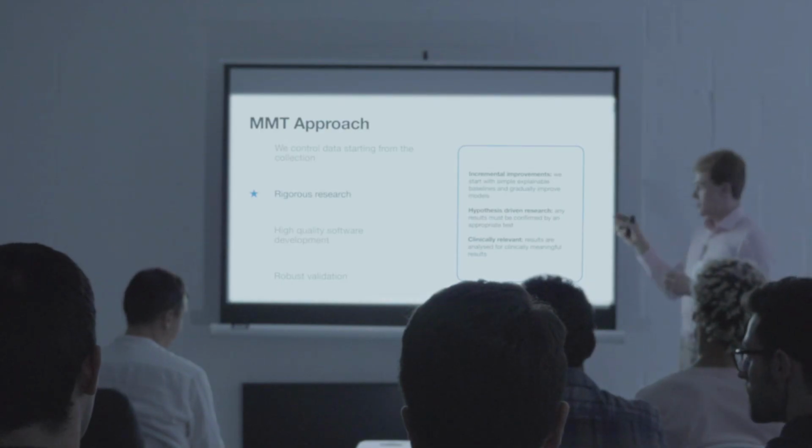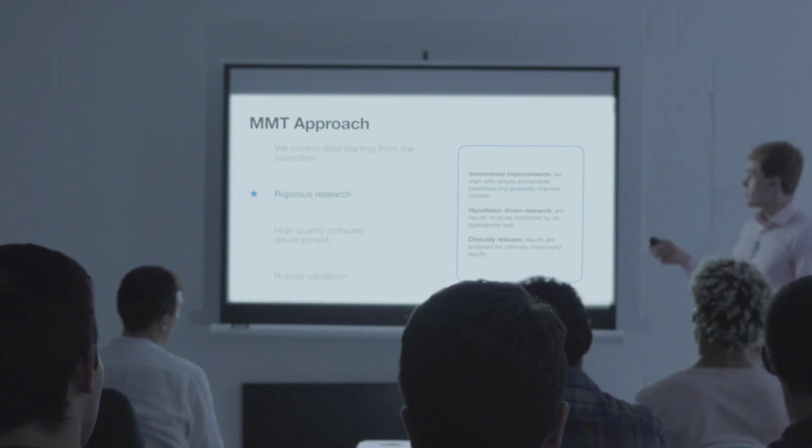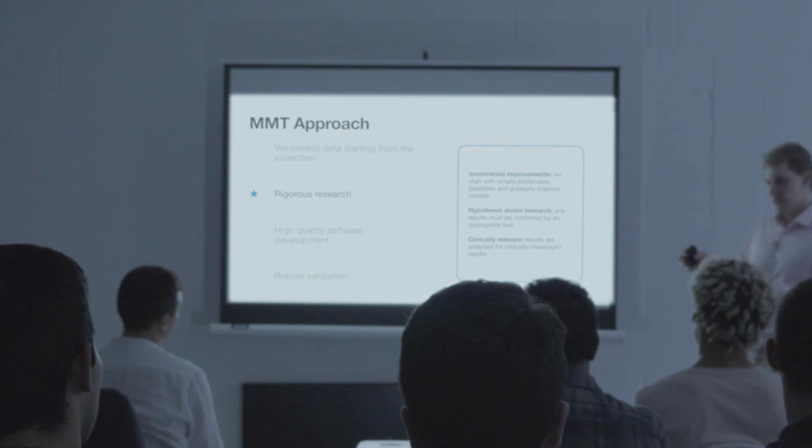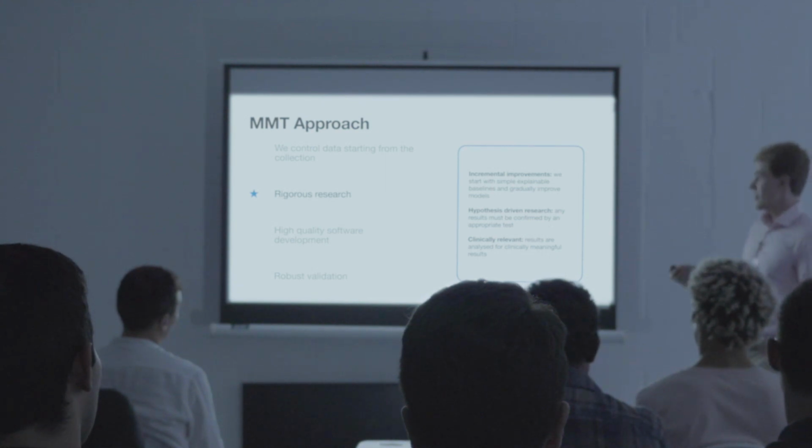And we do hypothesis-driven research. What I mean by this is, for example, we have a new model. We need to show beyond a reasonable doubt that it is better than the previous one. And we obviously set up statistical tests that can show that we actually improve the models and that they are robust to the improvement.